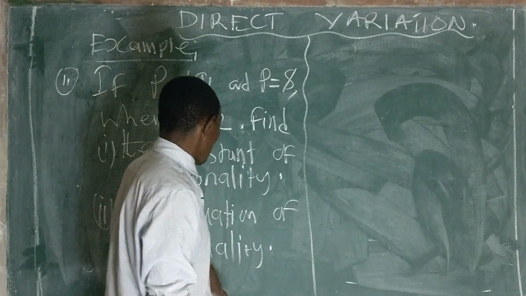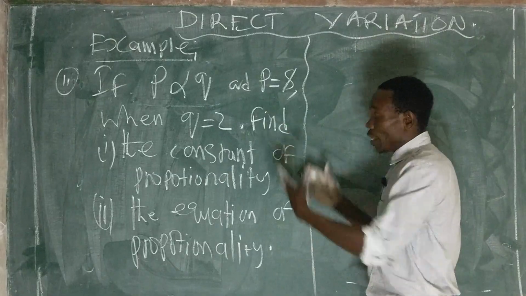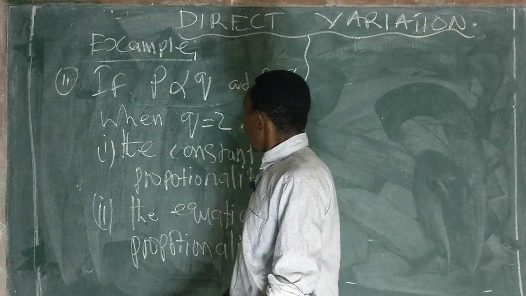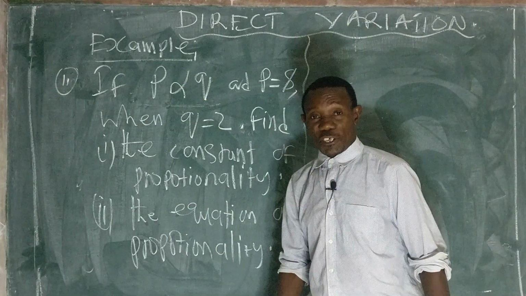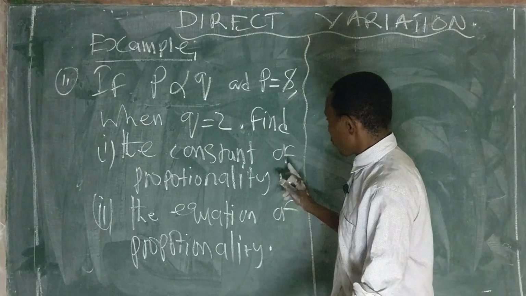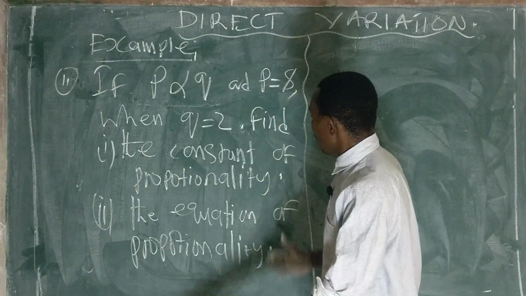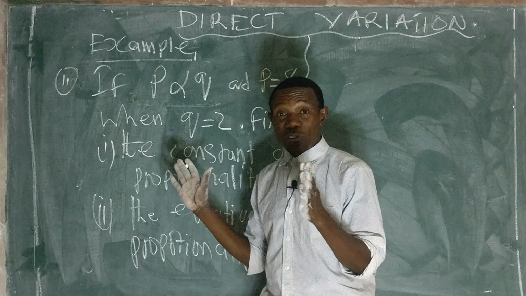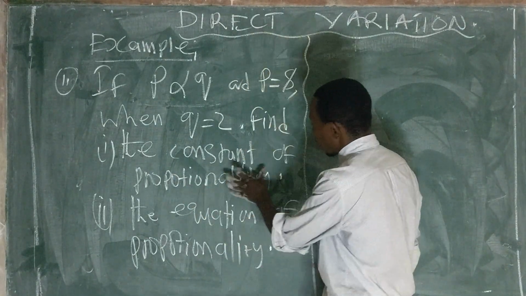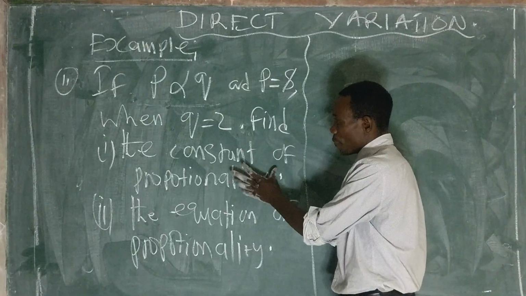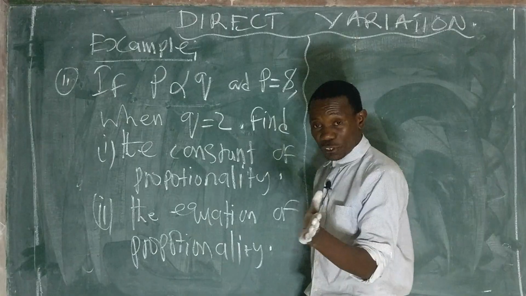So here we are asked now, what is the constant that is controlling the variation between P and Q? Remember I mentioned that the constant is paramount in this case. It's the controller of everything. Without it, we don't have to talk about the changes between the two quantities. So we are there to work out that one, and fix this in your brain. It will be there for all the variations.